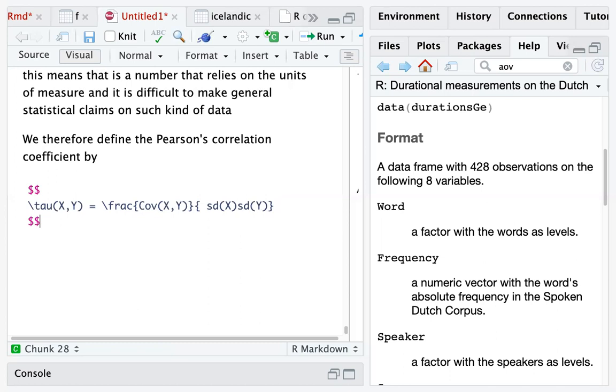As simple as that. In this way, this tau doesn't have units of measure, and all the tests are done using this correlation coefficient.